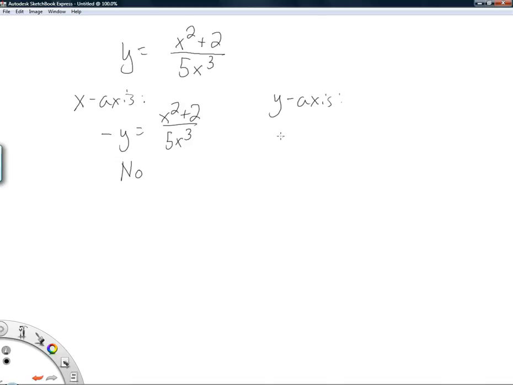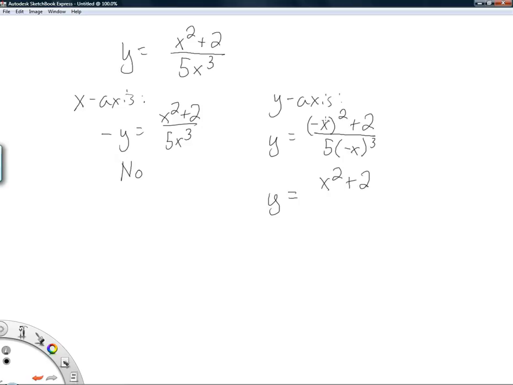Plugging in the opposite of x. Simplification on this one is a little bit more tricky. This is going to be x squared plus 2.